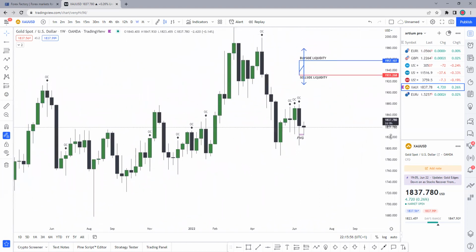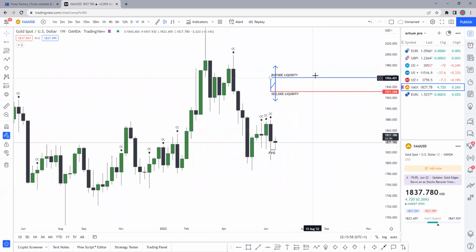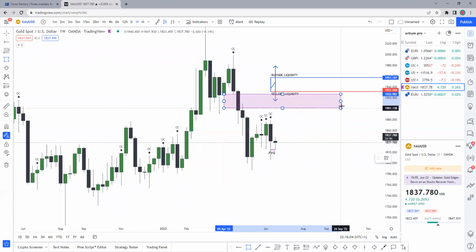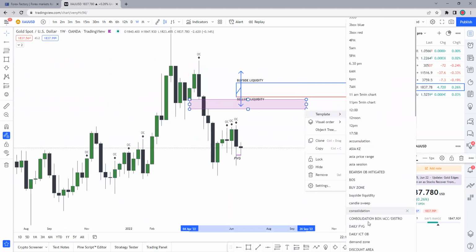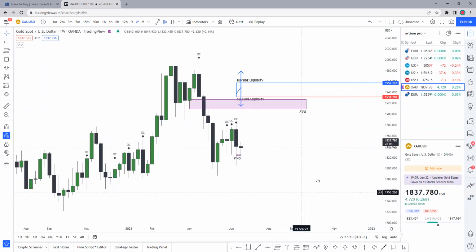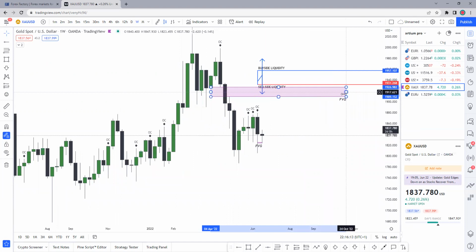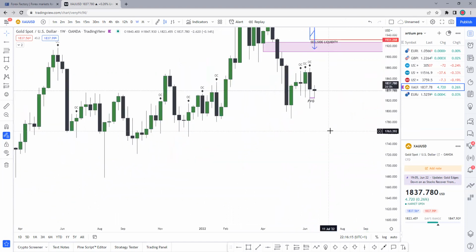And in my opinion, I can see price trading to the upside because we've got this area in here of fair value. It's a good target for us to try and hit.